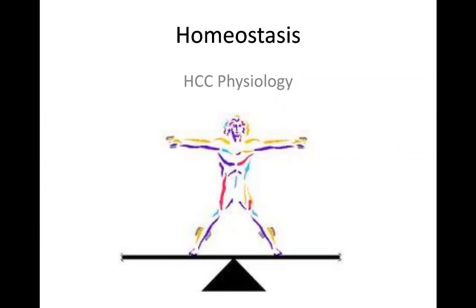Because if, for example, he's standing on this teeter-totter, he's nice in balance right now, but if he shifts his weight a little bit, what happens? He gets out of balance, right? Okay, and that's what's happening to us all the time, every day, every second, every minute. Okay, we're always being disrupted from our perfect balance.